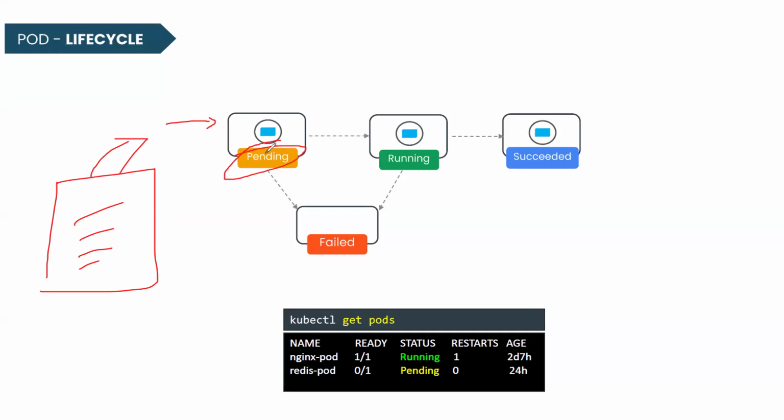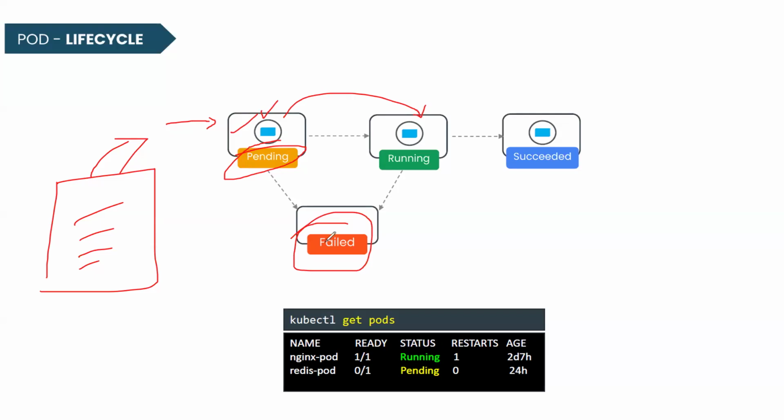It means your API server is performing all sorts of validation and the scheduler is identifying the node and it is getting deployed. Once it is deployed successfully, the status of the pod will become running. Due to some reason, consider the user authentication or the manifest file definition is not as per the requirement. If there is any issue, it will go to failed state.